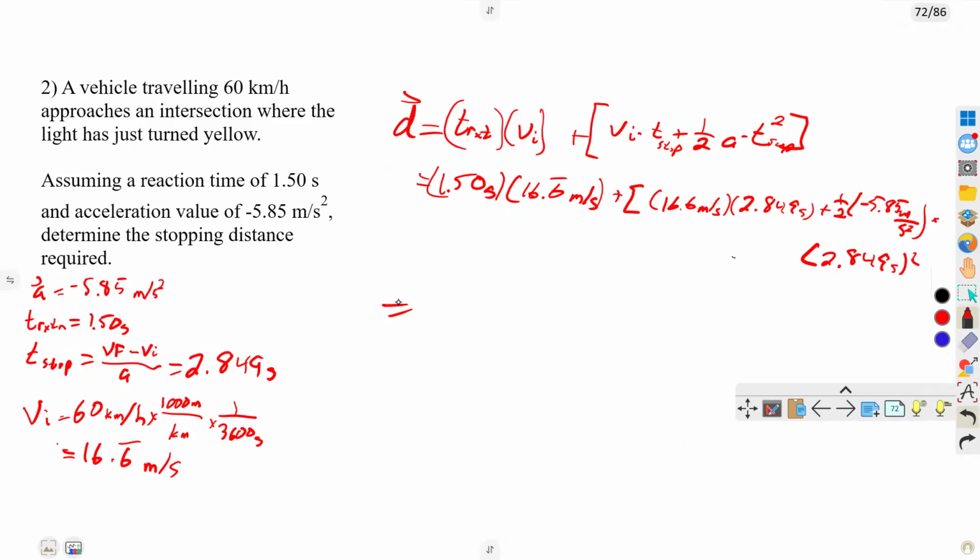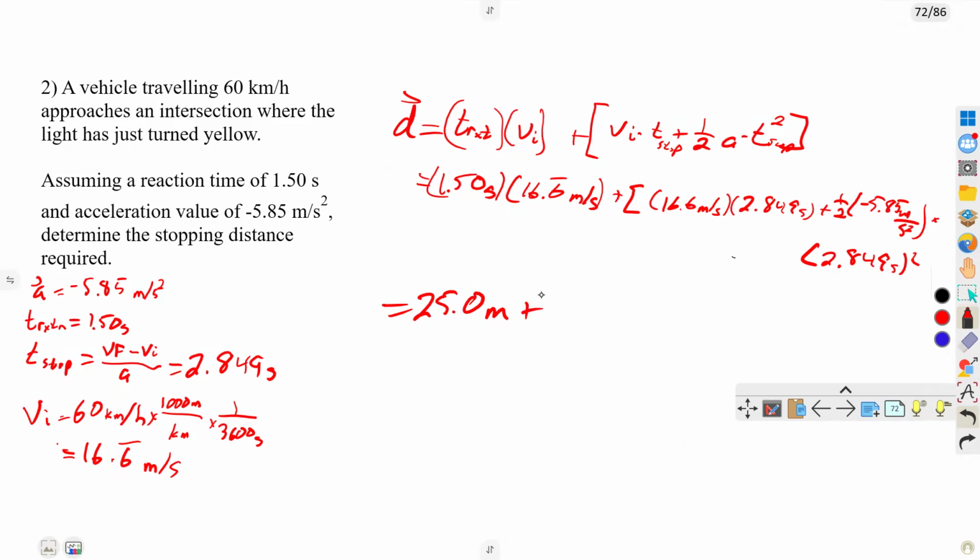Okay. Just doing the first part, we get almost exactly 25 meters, like 25.000001. I'm just going to call that 25.0 meters.